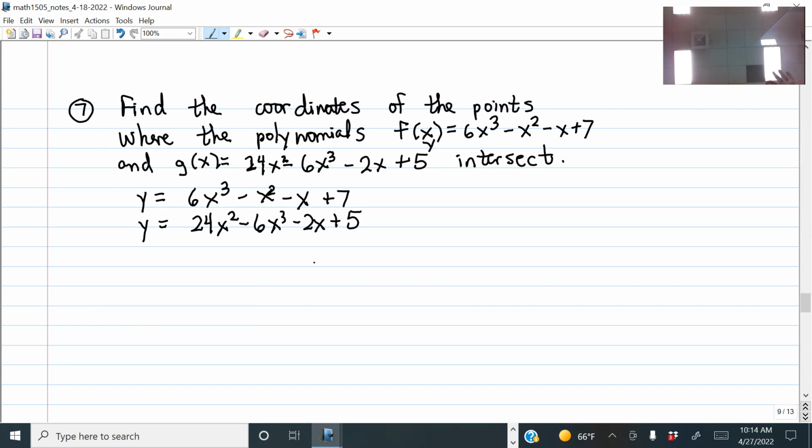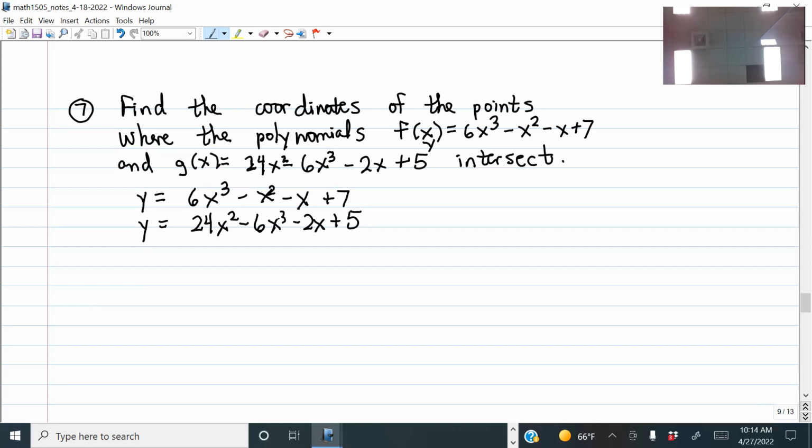So at those points where the curves cross, if you put the x coordinate into the right-hand side, you get a y coordinate. And if you put that same x coordinate into the second formula, the y coordinate is going to turn out to be the same, right?